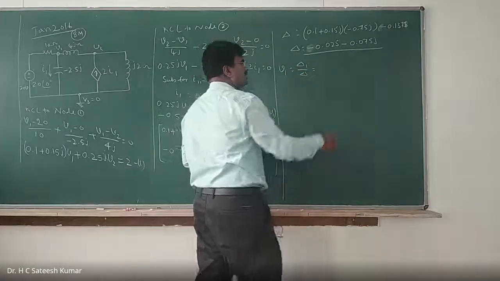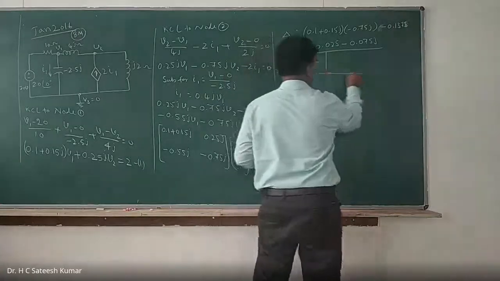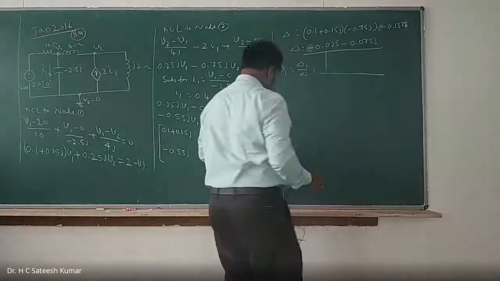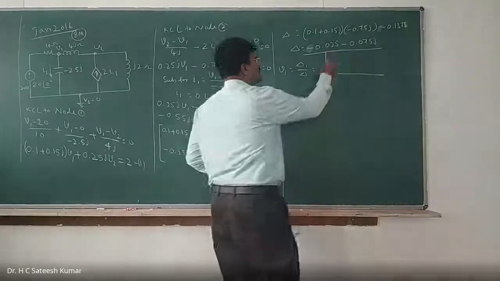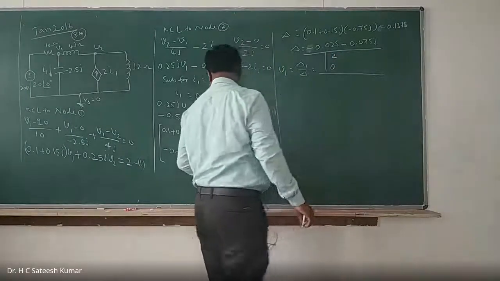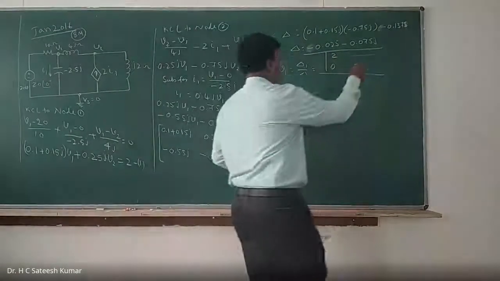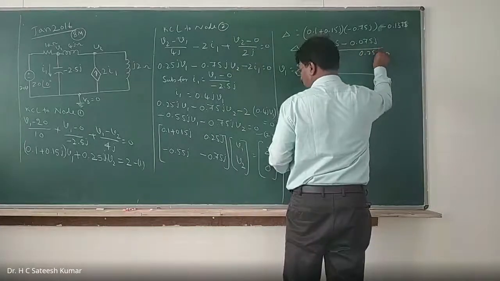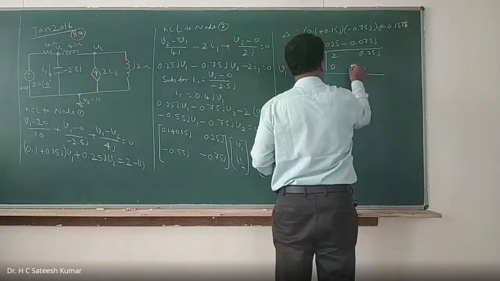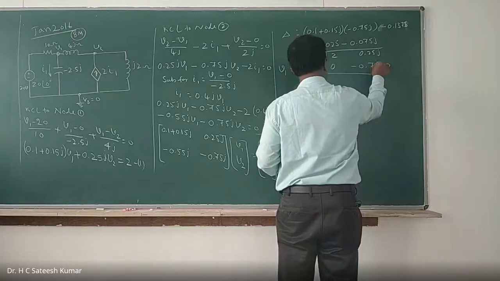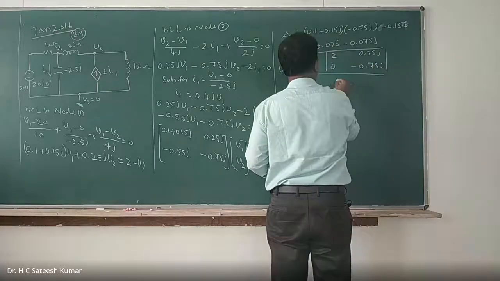Delta 1 is nothing but replace the first column by the right-hand side. The right-hand side in the matrix is 2, 0. The second column will remain the same, 0.25j and minus 0.75j, divided by delta.